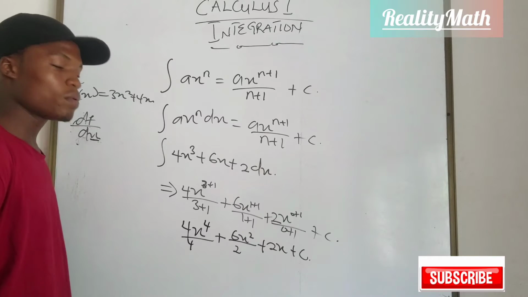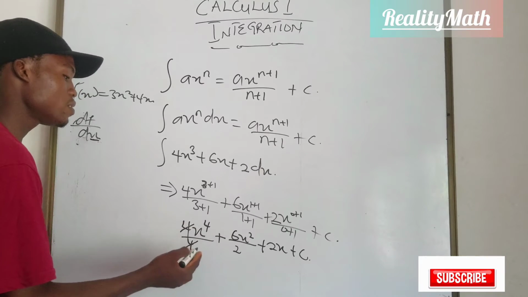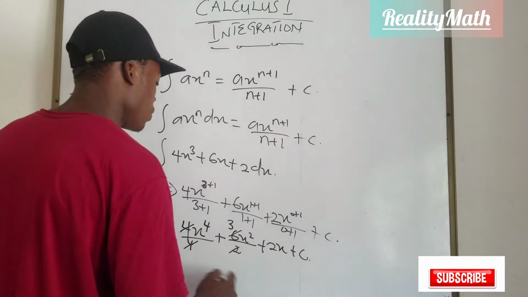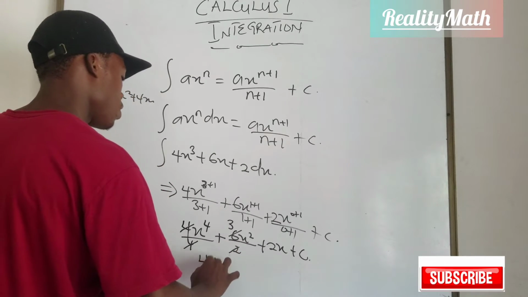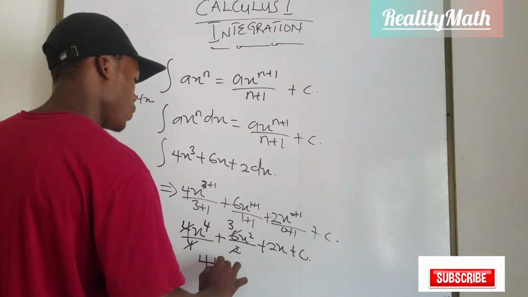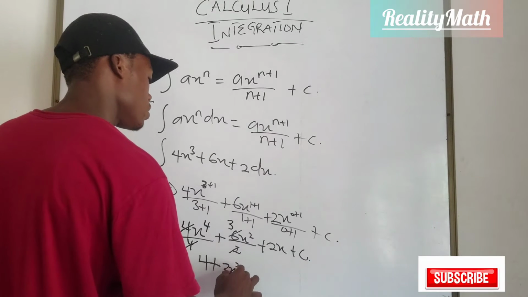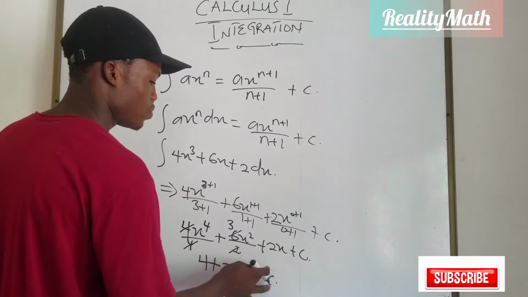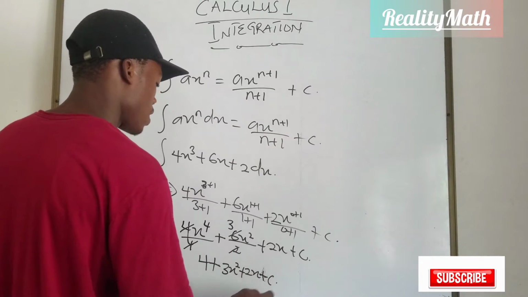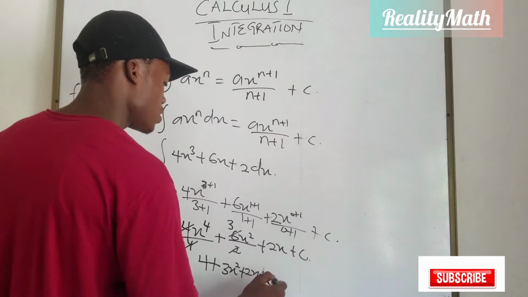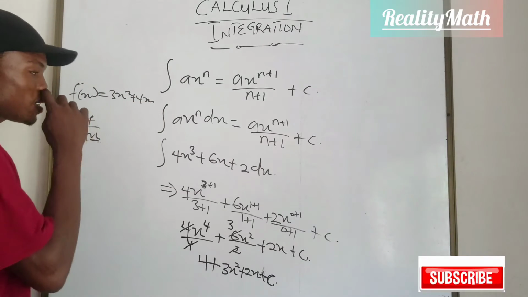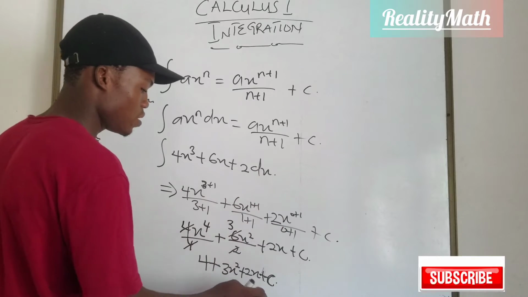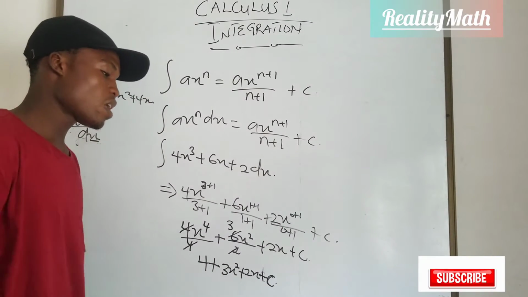The 4 cancels the 4, and the 2 goes into the 6, leaving us 3. So what is our final answer? You have x to the power 4 plus 3x squared plus 2x plus c, where c is a constant. So the integral of this function is this. That is the final answer.